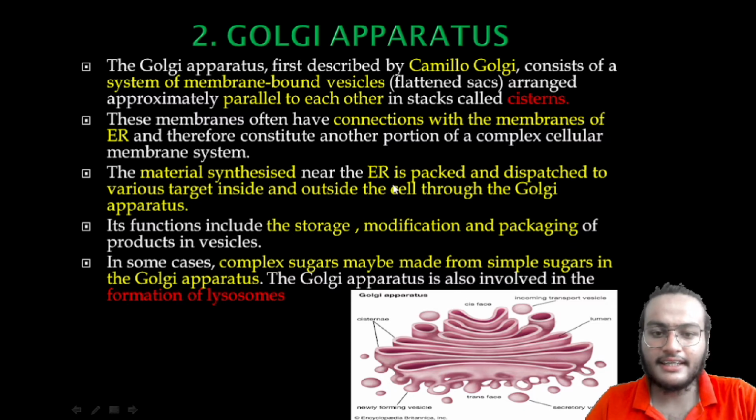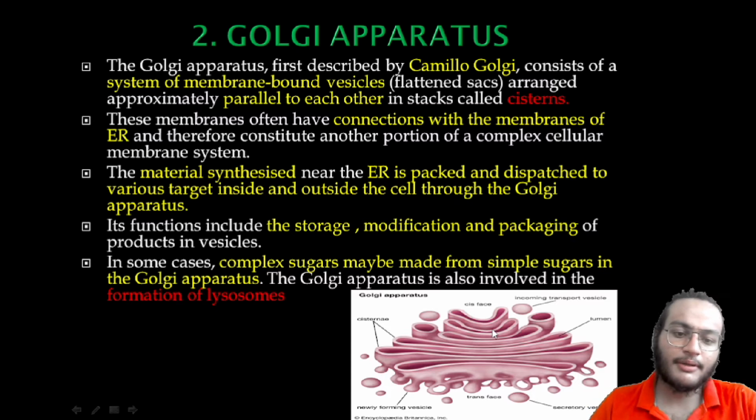Material synthesized near the ER is packed and dispatched to various targets inside and outside the cell through the Golgi apparatus. What the ER makes comes to the Golgi apparatus, is packed here, and is dispatched from here to various targets, inside the cell as well as outside.